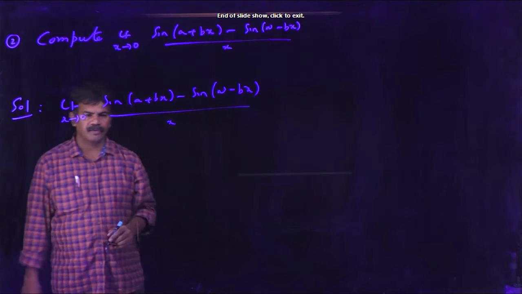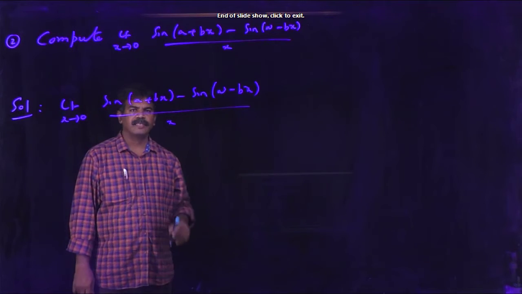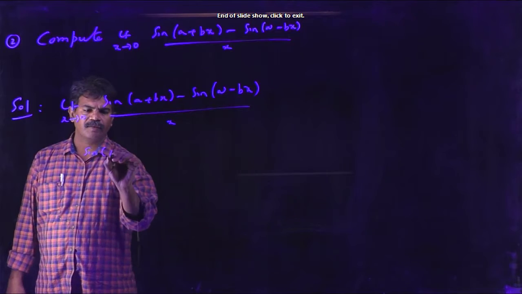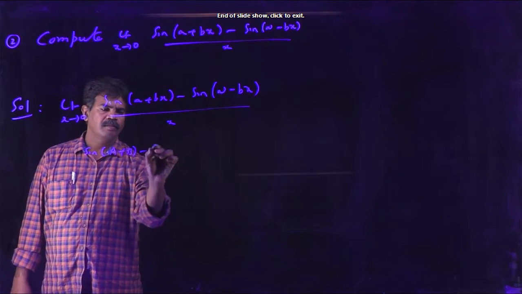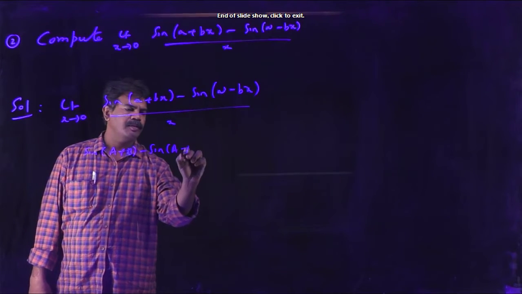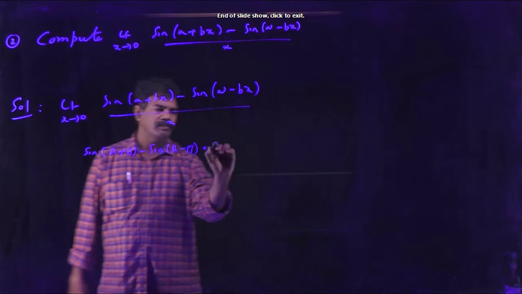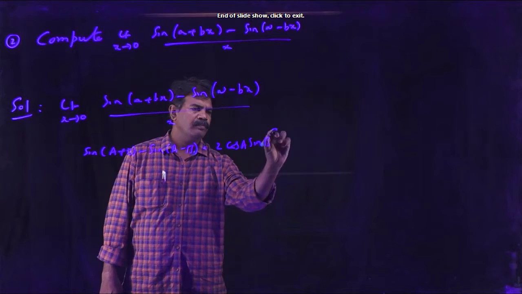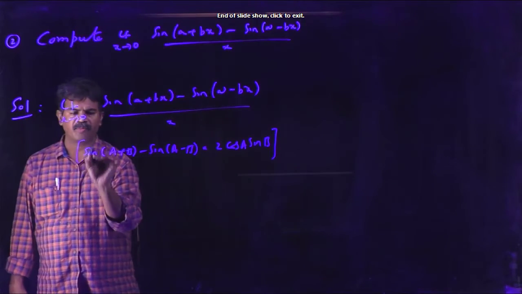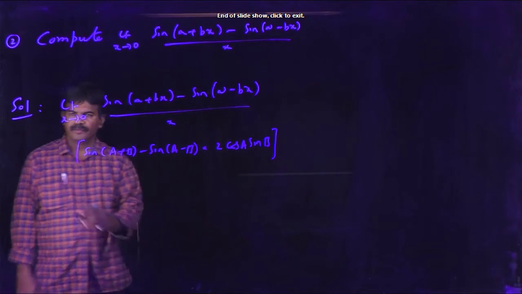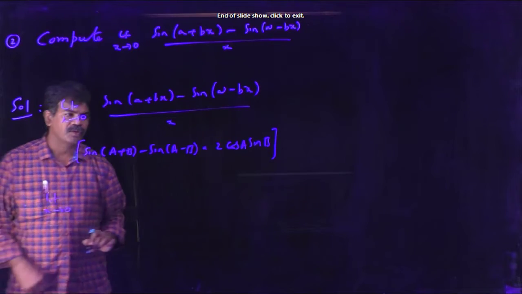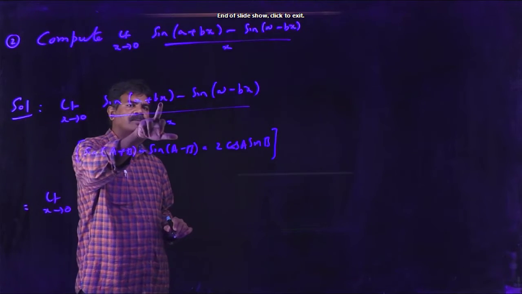We know the formula: sin of a plus b minus sin of a minus b is equal to 2 cos a sin b from trigonometry. So we write limit x tends to 0. Here a means a, b means bx.